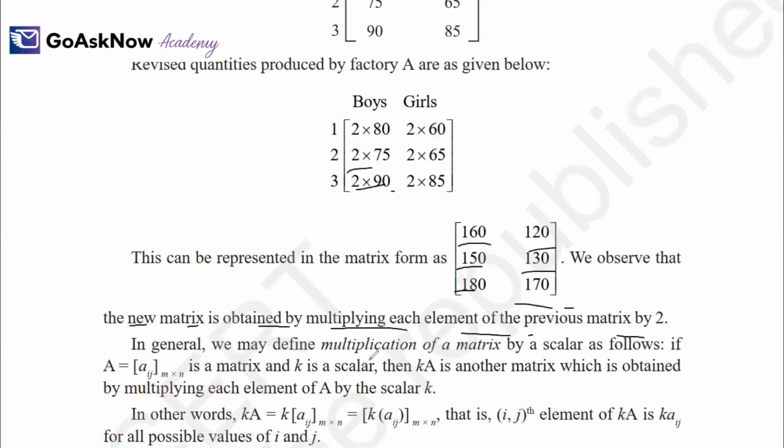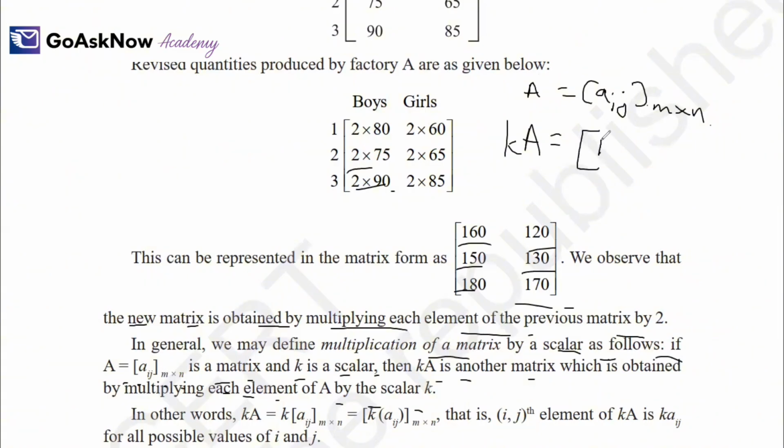In general, we may define multiplication of a matrix by a scalar as follows. If A is equal to [aij] m cross n is a matrix and K is a scalar, then KA is another matrix which is obtained by multiplying each element of A by the scalar K. You will write this matrix as K capital A, and it is also written as K into [aij] m cross n.